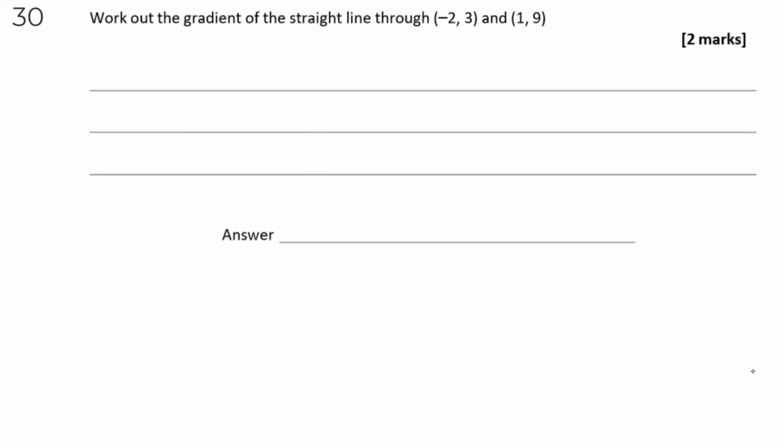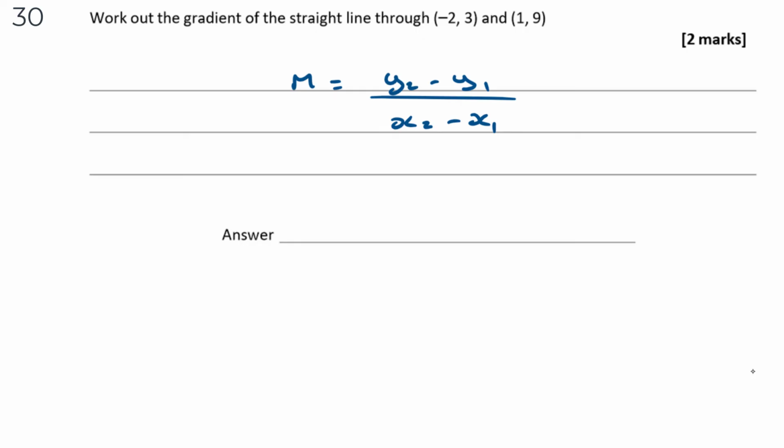Work out the gradient of the straight line through (-2, 3) and (1, 9). Okay, now there's a handy formula for working out the gradient. It is gradient equals y2 minus y1 over x2 minus x1. So what are y2, y1, x2, x1?